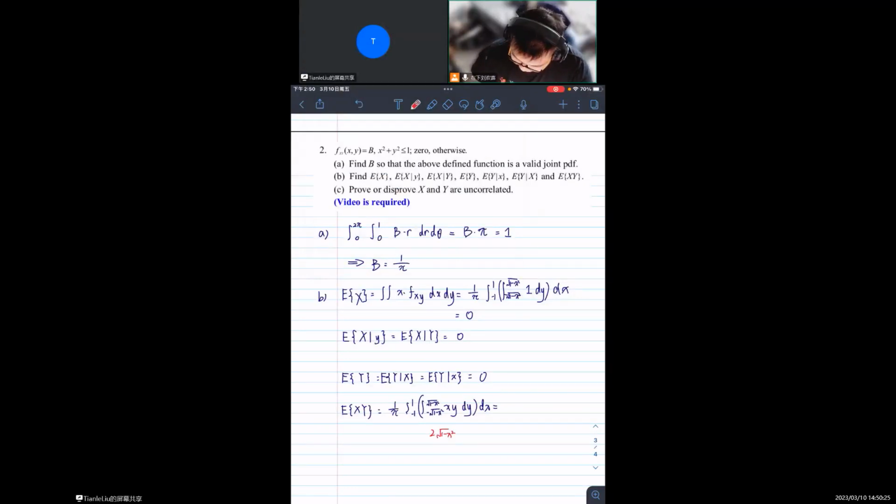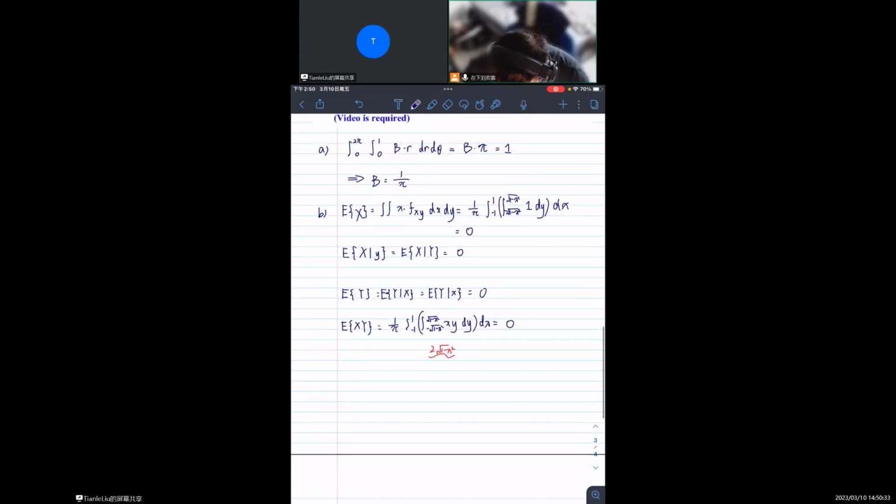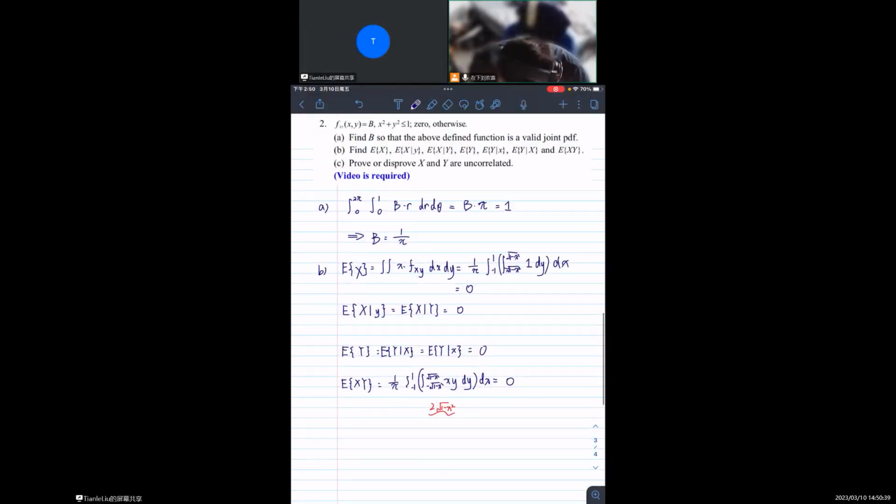For this one, we have an odd function, which will lead to this also equaling 0. So we have already found all the expected values of this problem.